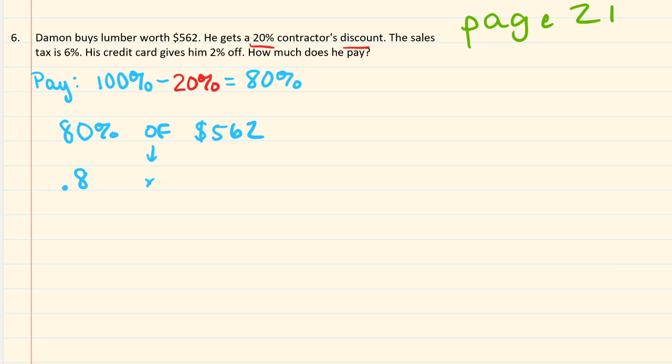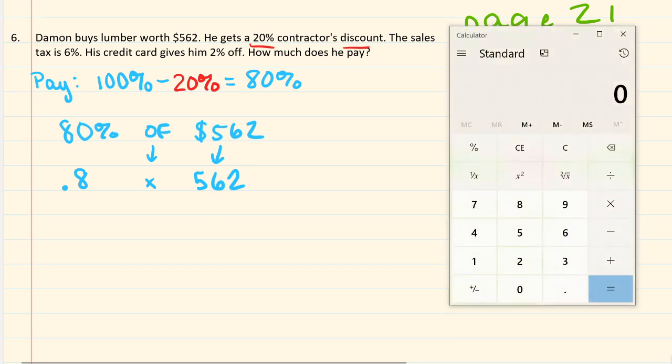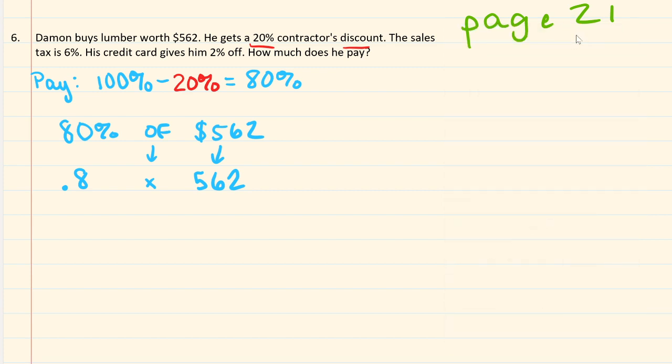Of means multiply, and we're just going to bring down this 562. Then you can pull out your calculator. So let's type in 0.8 times 562. And I get $449.60.